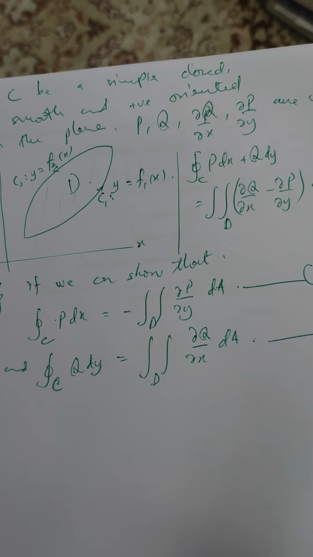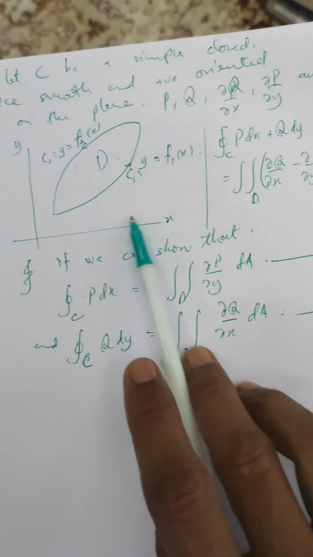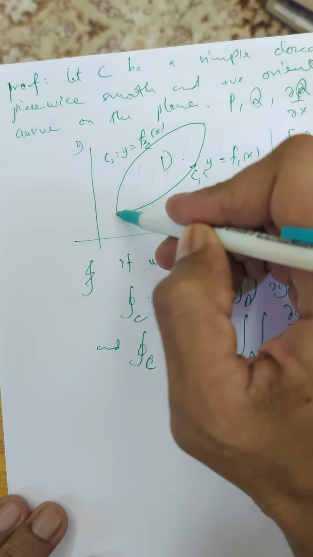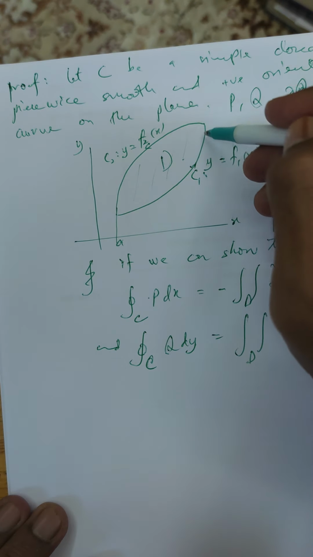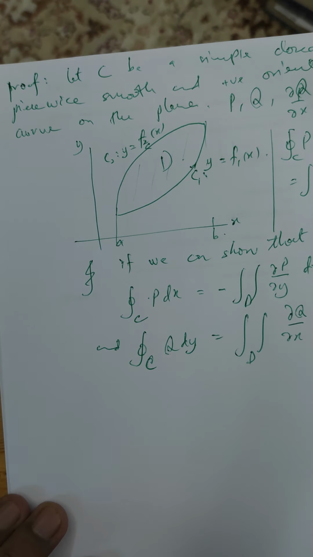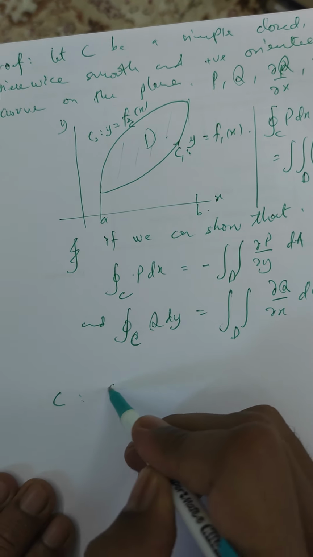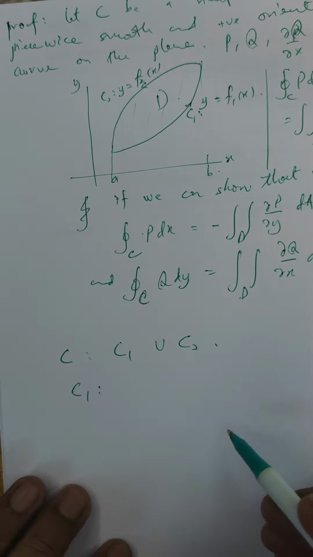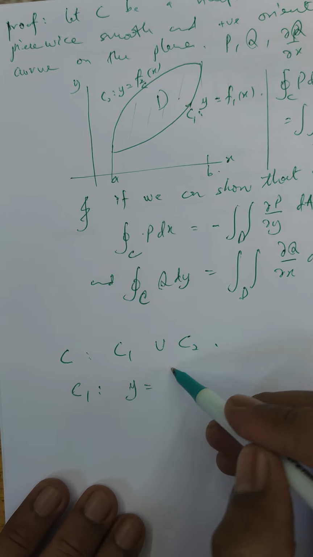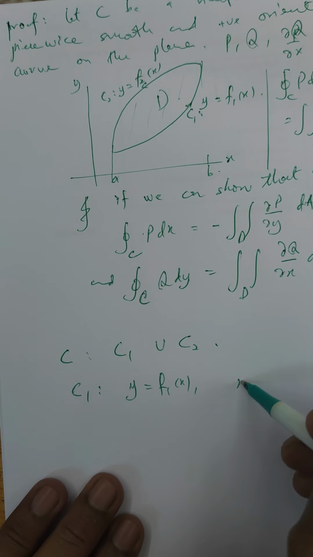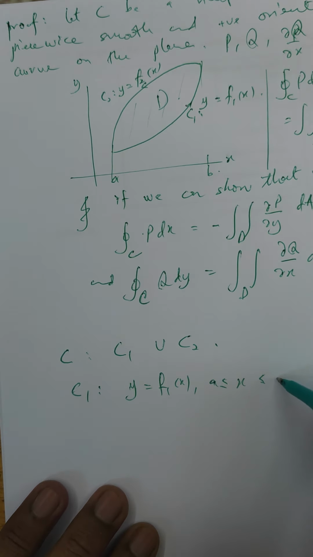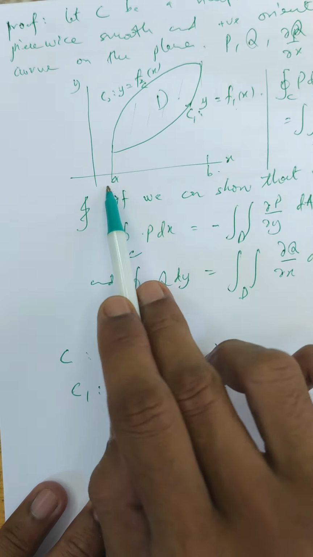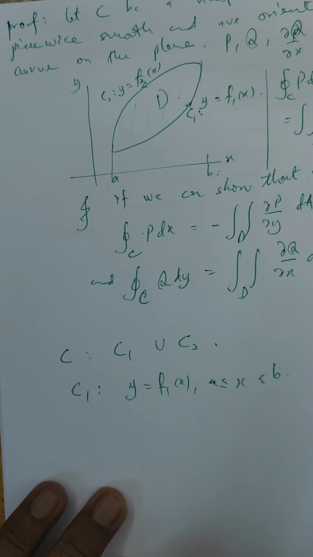First we look at number 1. Now from the given region there, we know that our C, let's say this is from A to B, consists of C1 and C2, where C1 is given as y equals f1(x) with x between A and B. So you can see our C1 is given by y equals f1(x) and bounded by A and B, the interval AB.